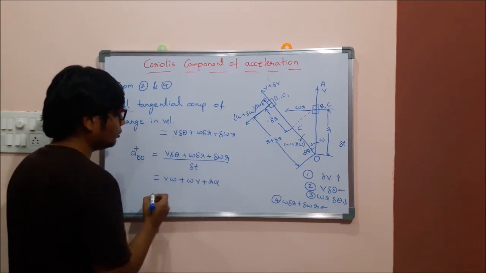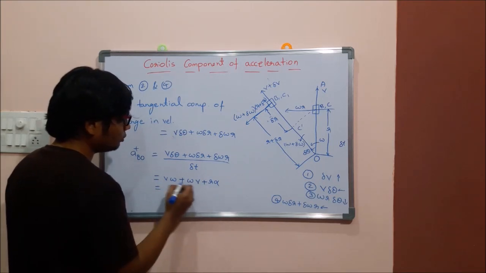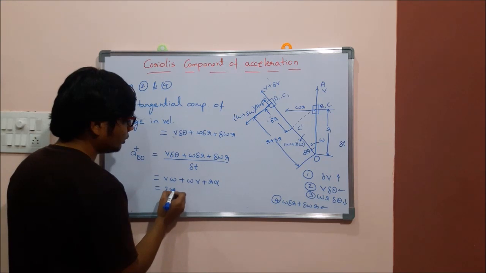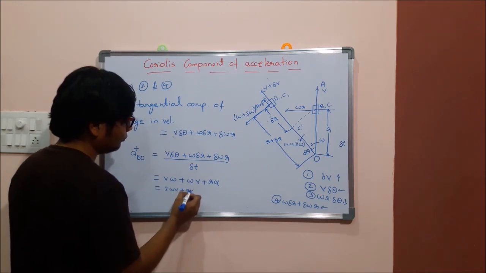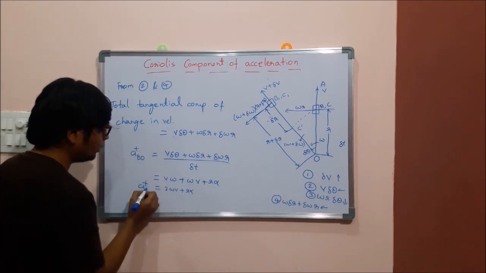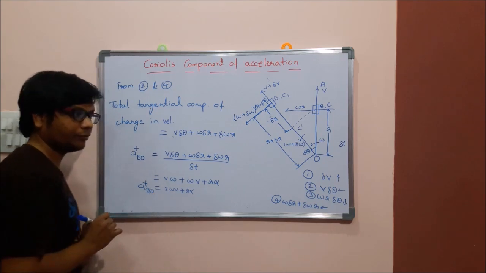So this is the equation you got, from which we can write 2 omega V plus r alpha. So this is the ATBO you got.